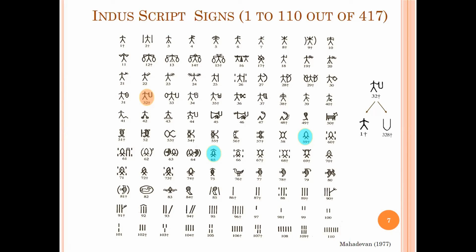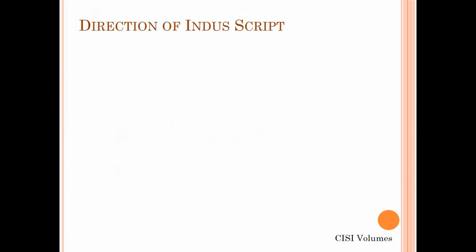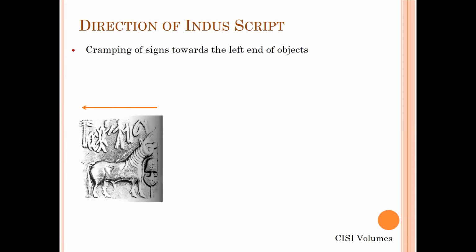But coming back to the writing, and especially the direction of Indus writing, let us see what we can say. This is one aspect over which there is some agreement and consensus among scholars, and it is believed to be right to left. The various factors which led to this conclusion are given below.